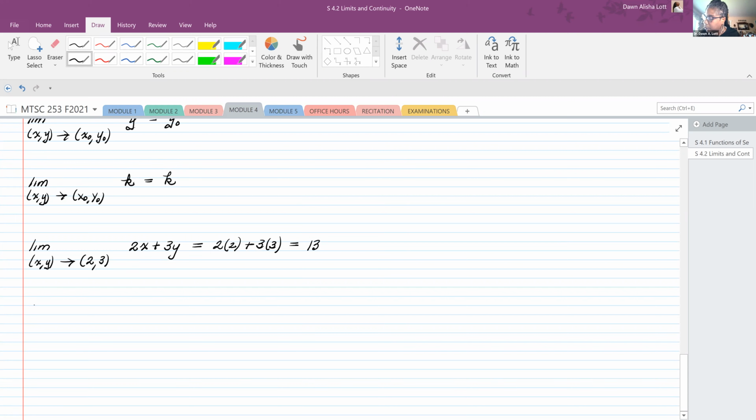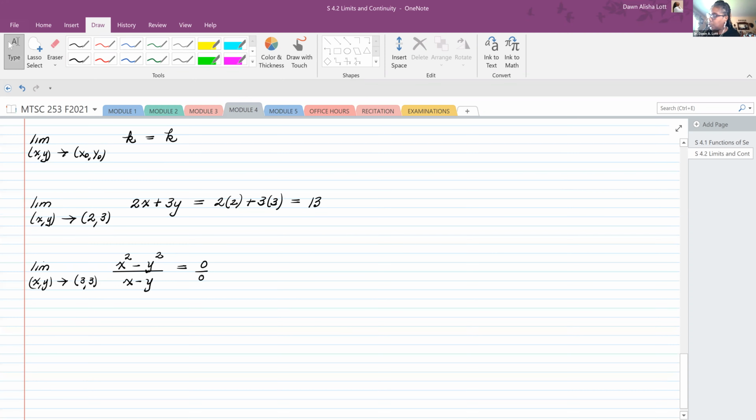The limit as (x, y) approaches (3, 3) of x squared minus y squared over x minus y. Well, obviously that gives us 0 over 0.